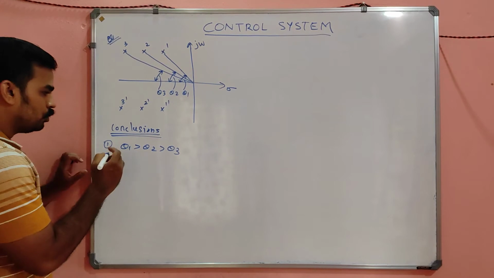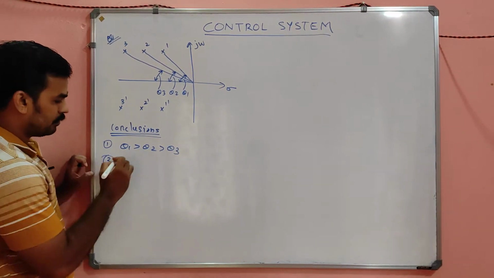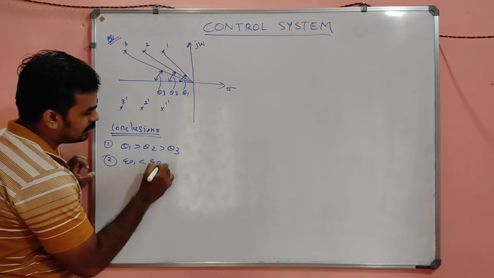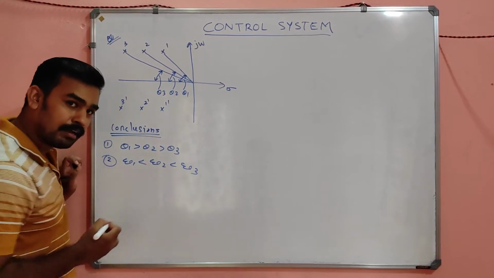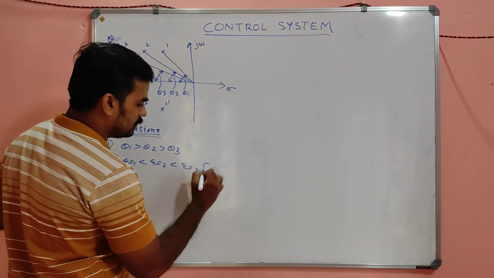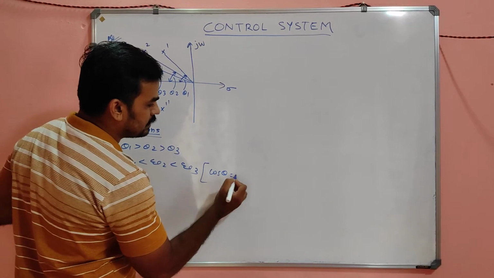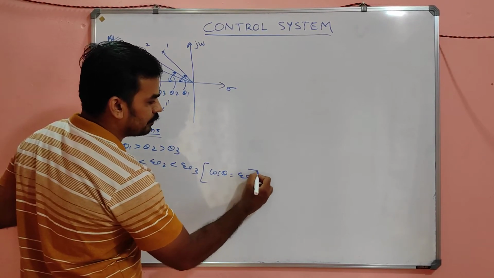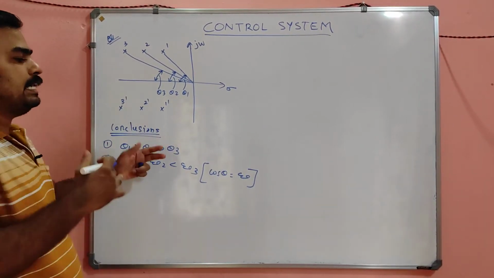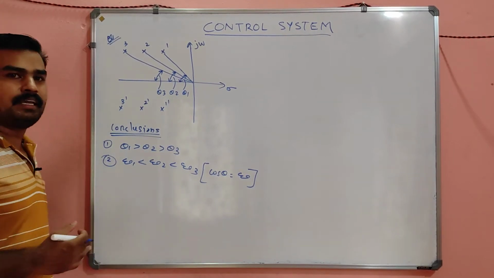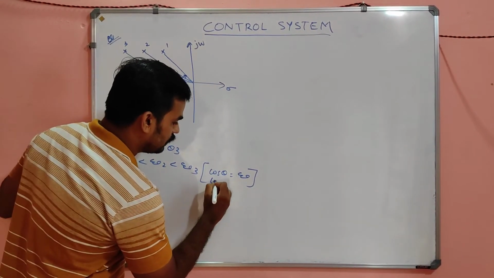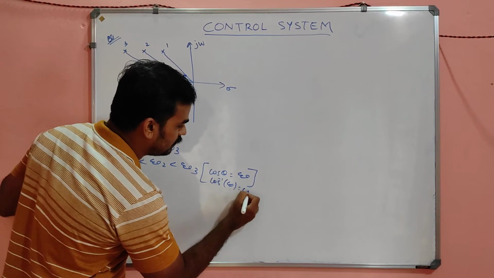So I can conclude one more thing. Zeta 1 less than zeta 2 less than zeta 3. Am I correct? Because cos theta is nothing but zeta. If theta increases, its cosine value will be what? Smaller. Or cos inverse zeta is equal to theta.